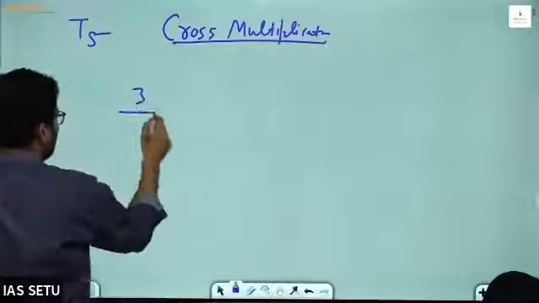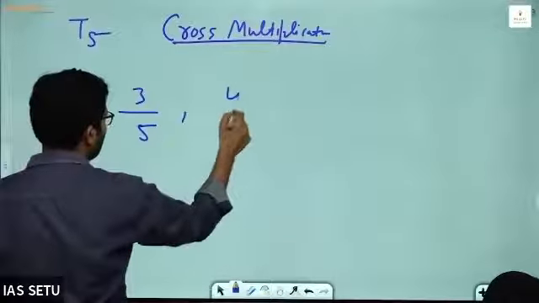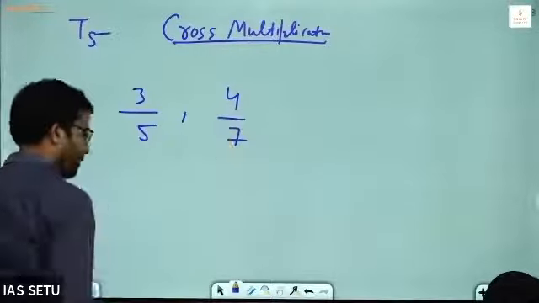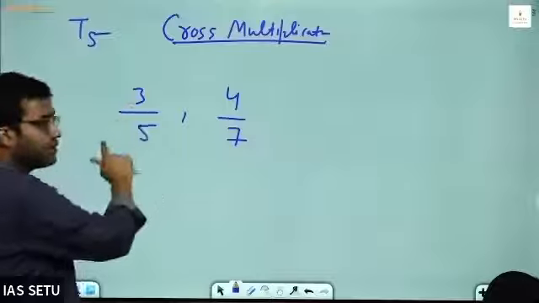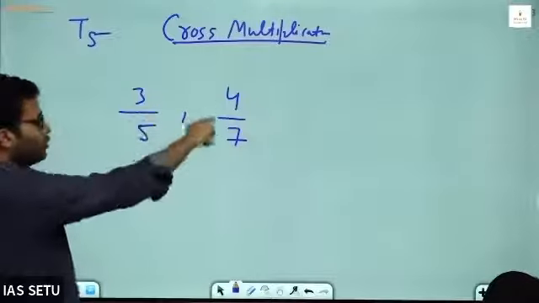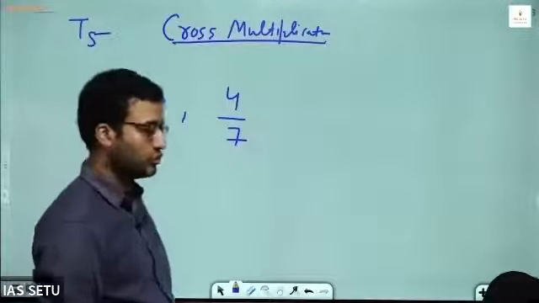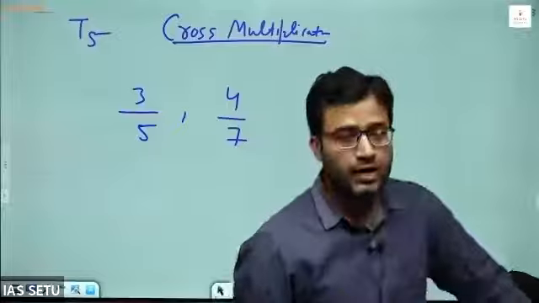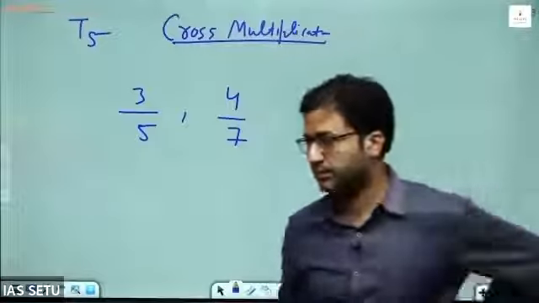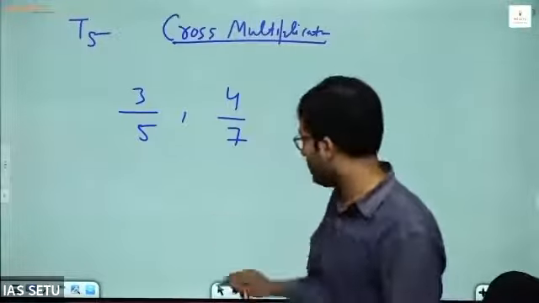Like 3 by 5, 4 by 7. Neither 3 constant nor 5 constant. Difference 2, difference 3. Difference is also not constant. Examiner asks you which one is larger. We have one method, cross multiplication.